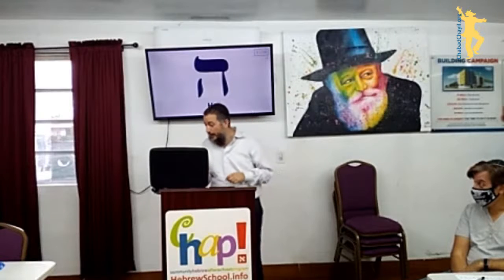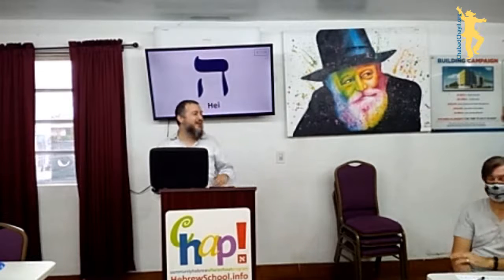I ask them what letter is 10, and they know it's Yud. Okay, let's count it: Aleph, Bet, Gimel, Dalet, Hey... we only get to nine. We always come up one short. We say, oh, what do we do now? We're missing one. And then, of course, one of the middle kids right away says, no, what are you talking about?